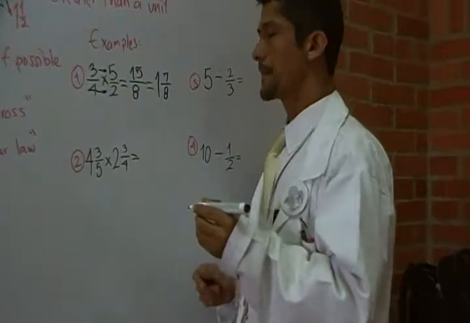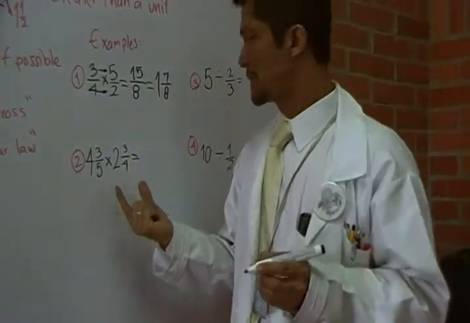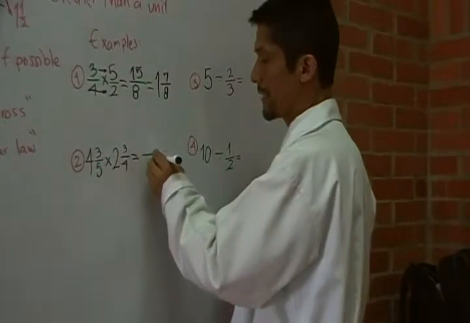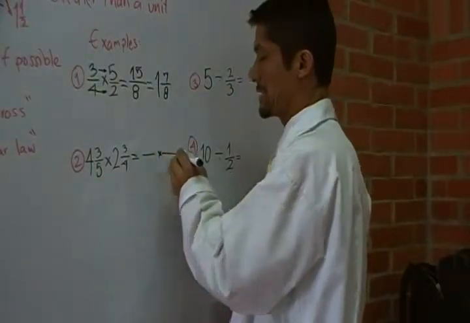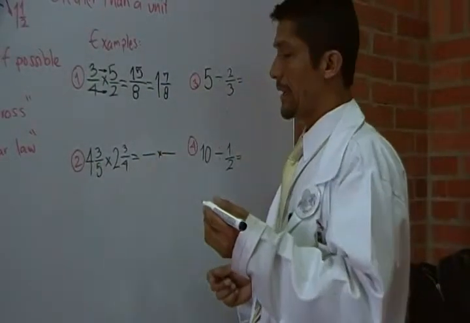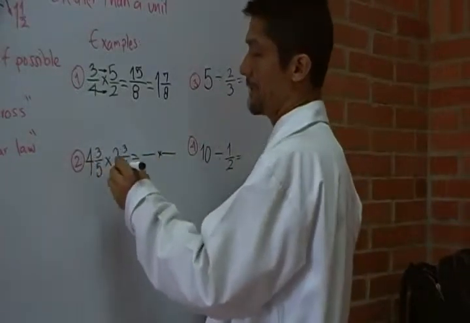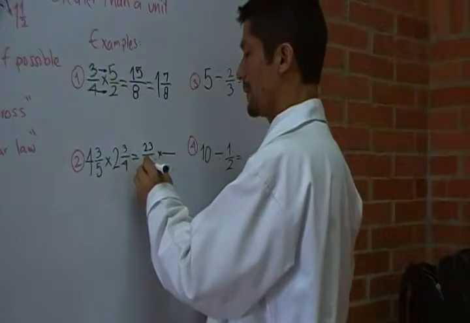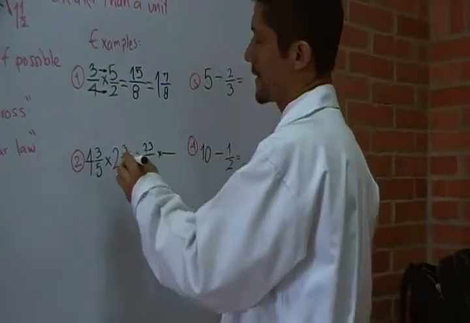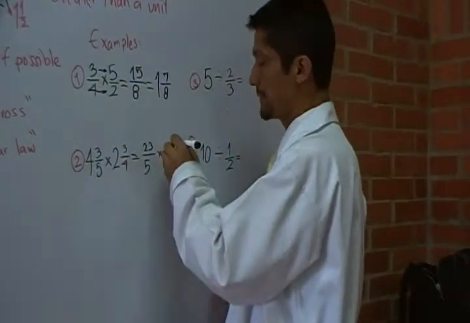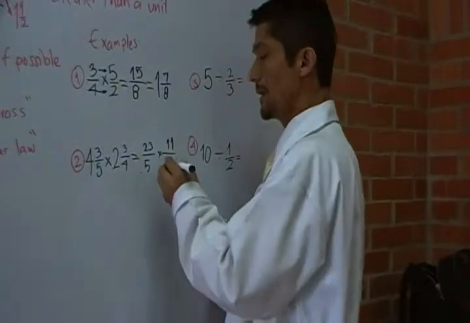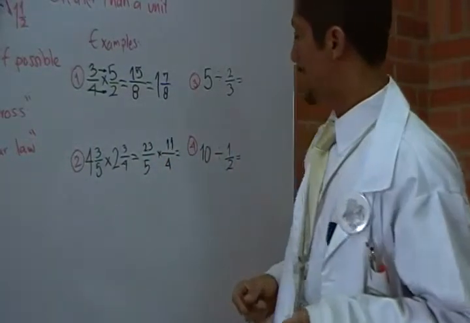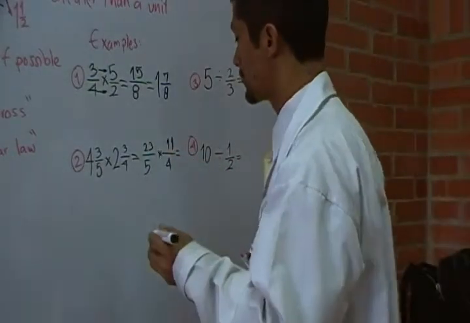So now here we have the multiplication of two mixed numbers. The best idea here is to convert those two into improper fractions first and then multiply as usual, the way we multiply fractions. So 4 times 5, 20, plus 3, 23. We keep the same denominator for this one. The second would be 2 times 4, 8, plus 3, 11. And we keep the same denominator. So here I have to multiply numerators now.